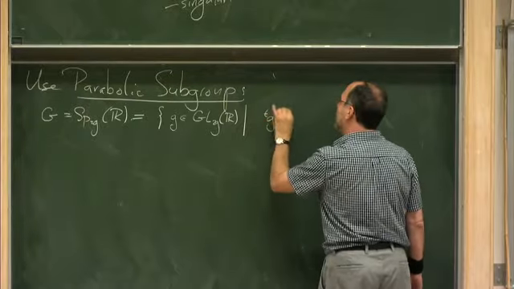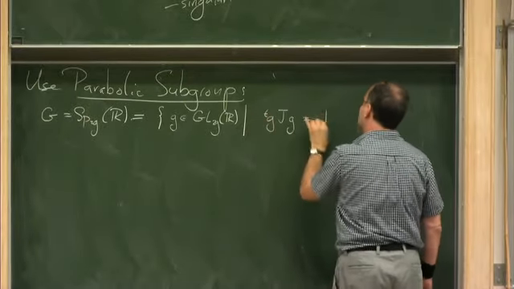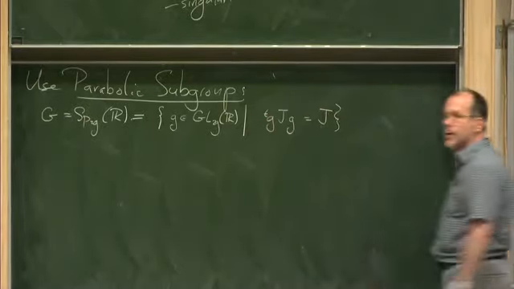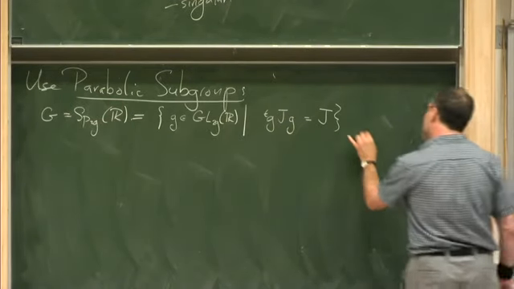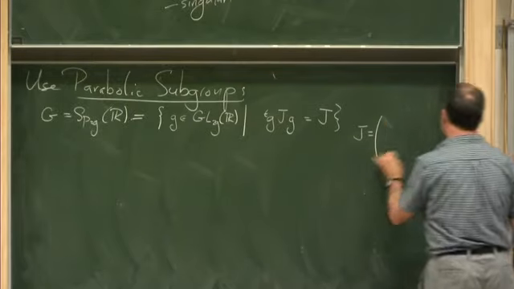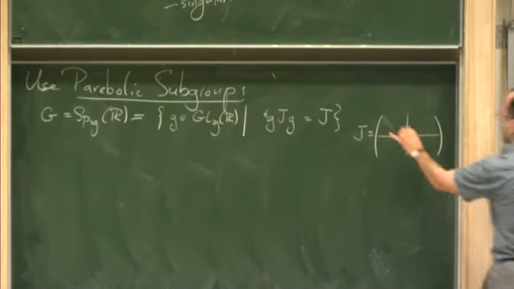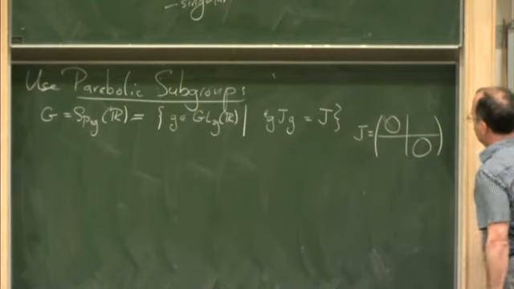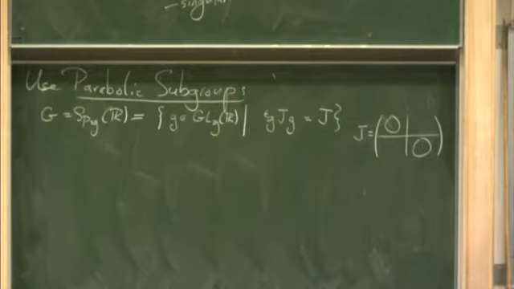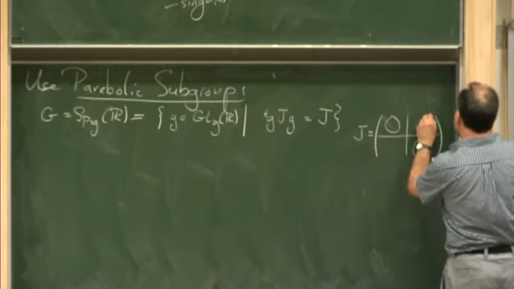So G is leaving invariant, as I said, a skew-symmetric non-degenerate form. Let me pick this one. It's not the usual one you see in the literature: 0, 0, and then a diagonal of 1s, but the other diagonal.